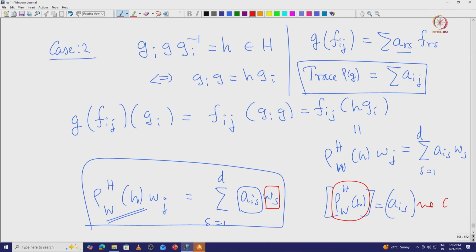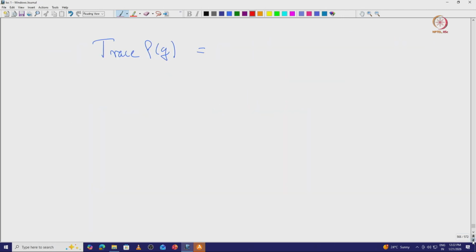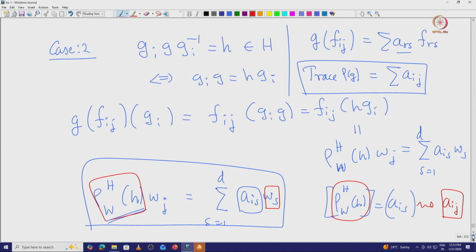So, from here you can see that Aij is nothing but the diagonal entry of this matrix. So, when you look at this ith block, in the trace of rho g, the sum runs over all the ith blocks, where we have the constraint that gi inverse should be coming from this H. Then all you do is this sum is going to be the trace of this rho W of h. That is what we are getting.